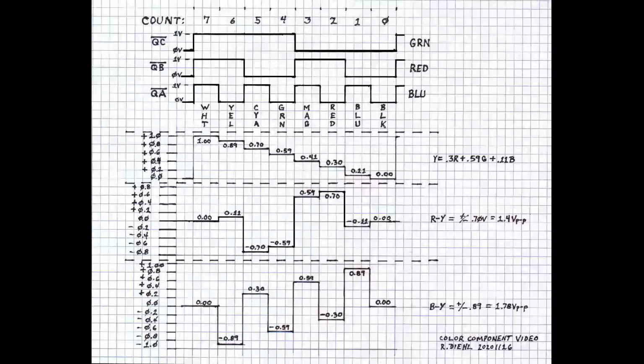And if we then do some more magic with the matrix, we can get the G minus Y signal, which they don't transmit as it's unnecessary. In this system, as long as you have any of the 3, there's actually 4 signals, G minus Y is not shown because in the system G minus Y was never used.